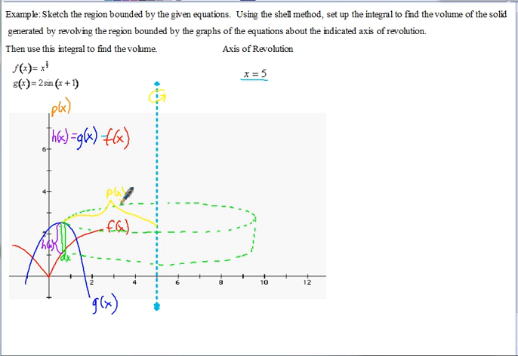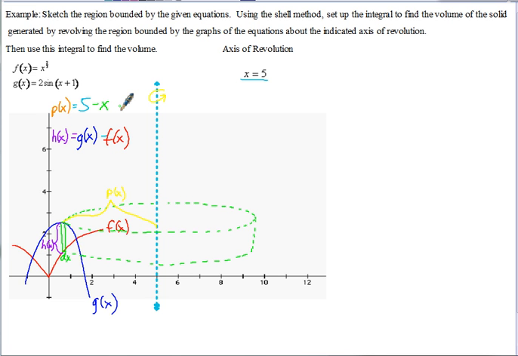So again, there's two ways of thinking about that. One way is to, since we're looking in the horizontal direction for the radius, take the function further to the right first. In this case, that's 5. That has a bigger x coordinate. And then subtract the one that's further to the left, which is just x, our rectangle's. So we get 5 minus x as a radius.